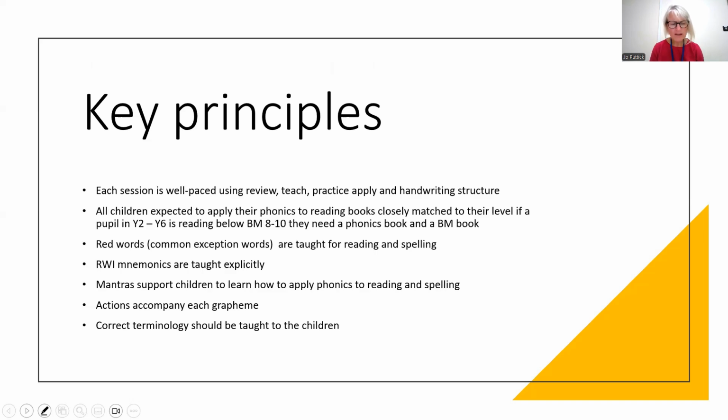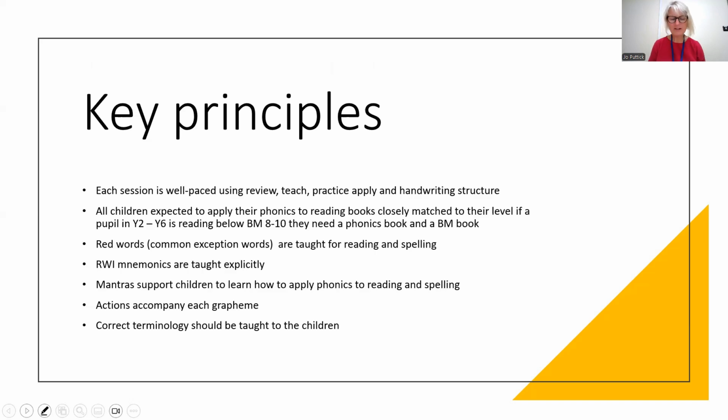Children are also taught what we call red words or common exception words, and these are taught for both reading and spelling. We use mnemonics, a way of helping us to remember some of the letters and combinations of letters that we are learning. And we use those based on a program called Read Write Inc., published by Read Write Inc. Those mnemonics help children with their handwriting as well as a picture that will help them to remember the letter.